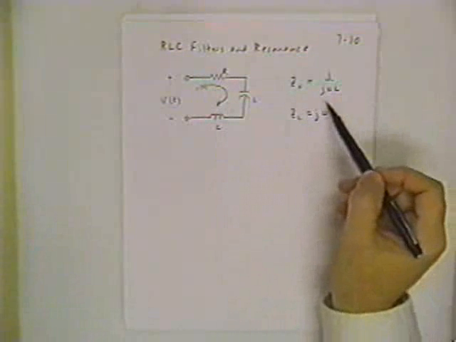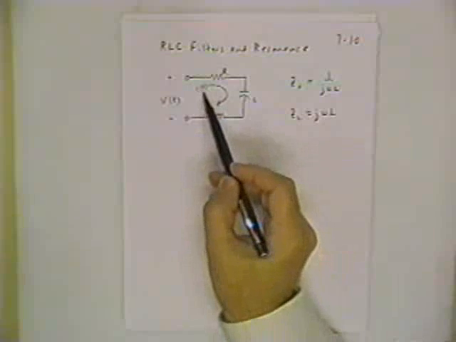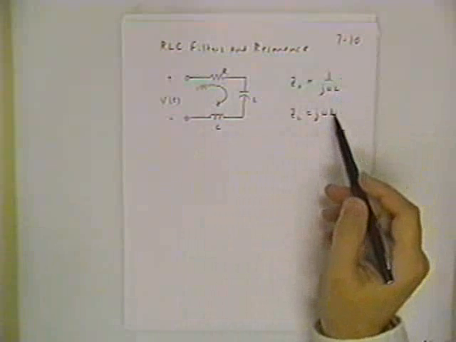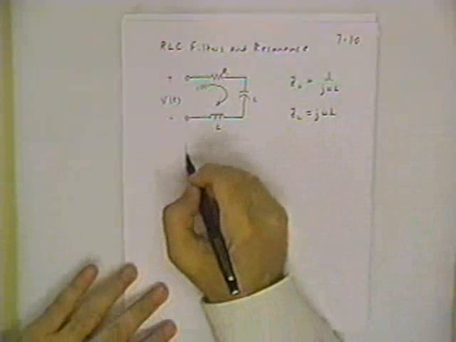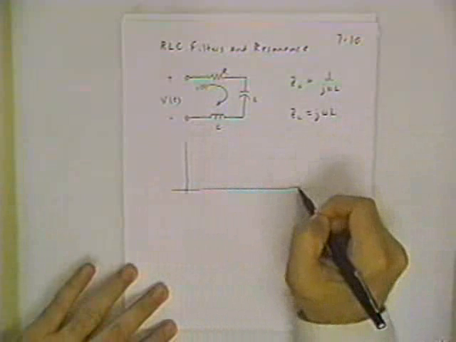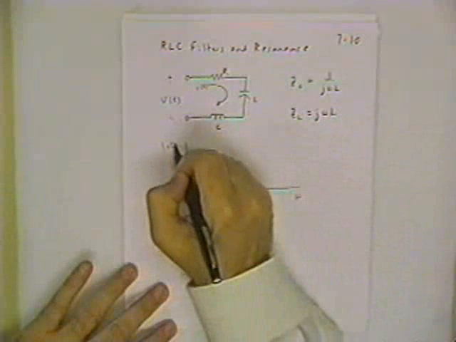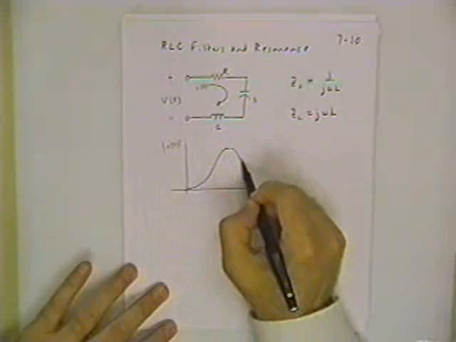If I have a very high frequency, the inductor is going to dominate. It's going to make the equivalent impedance here very large, and the current's going to be very small. So there's got to be some intermediate frequency where the current is the maximum value it can have. And in fact, you can see that if you plot the magnitude of I of t as a function of frequency, it's going to look something like this.